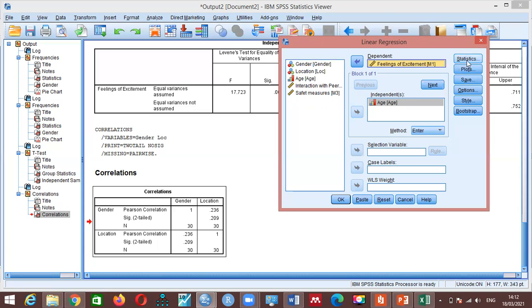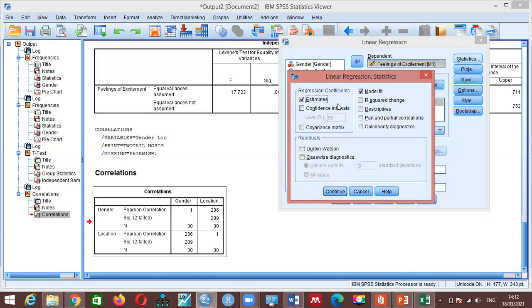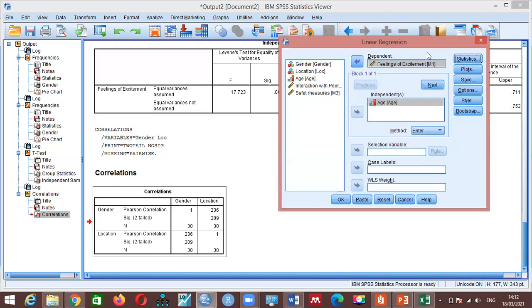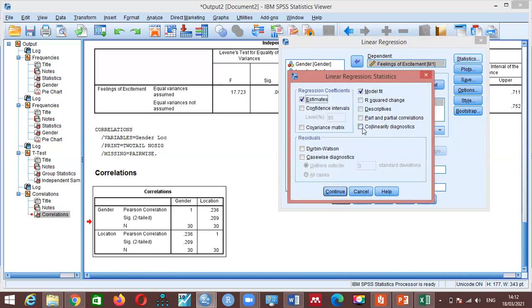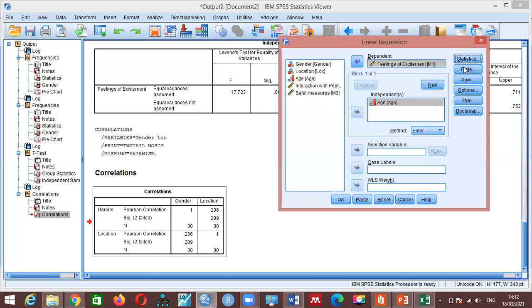Let's see what happens. You can plot anything you want here. If you want to check for the Durbin-Watson serial correlation, you can tick it. All you need to do is tick, tick, tick. If you want to check collinearity diagnostics, you tick it. There are just awesome things you can do with SPSS if you want.